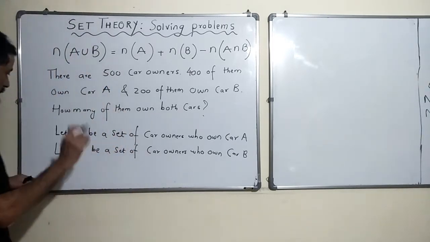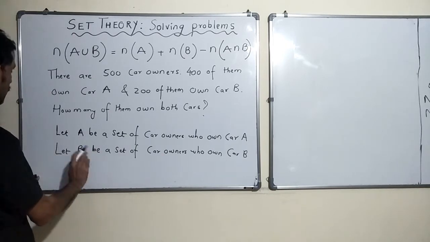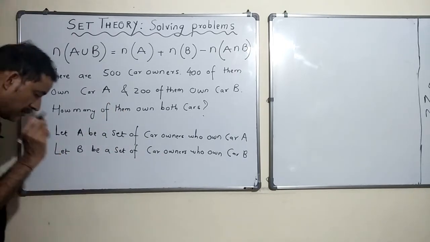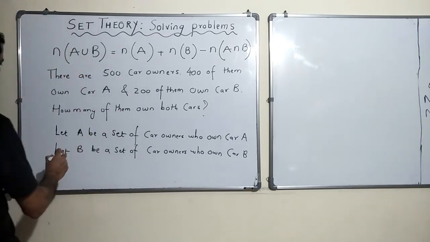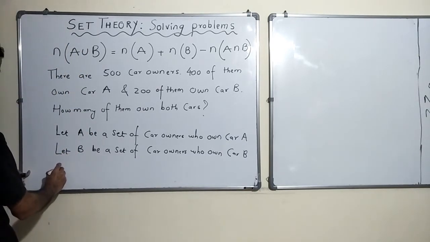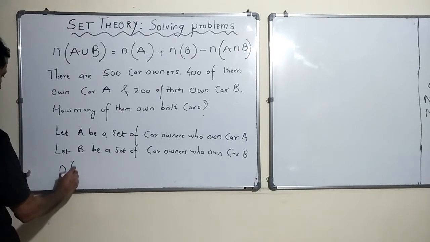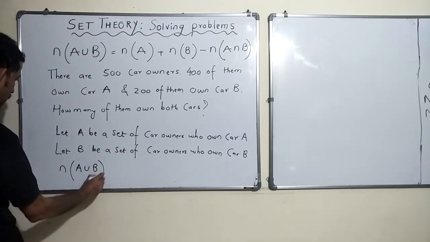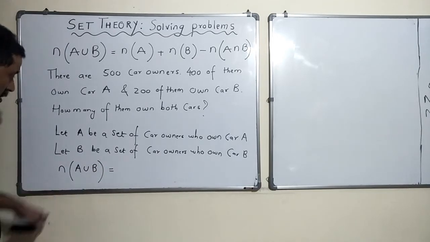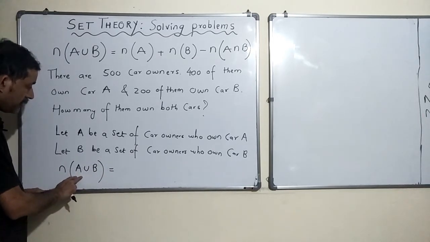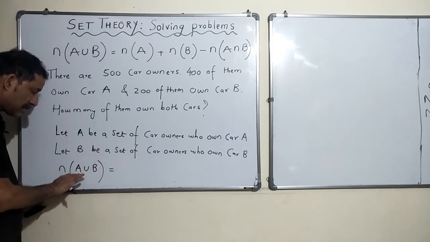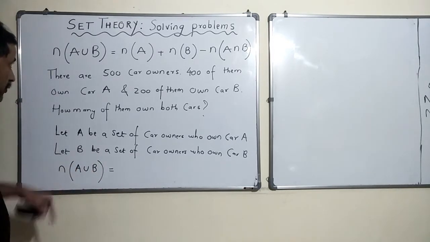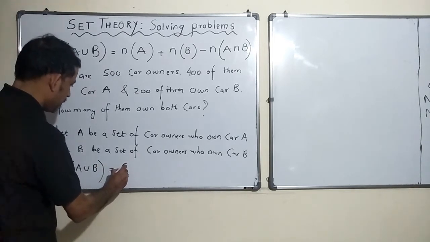As per the definition, the number of people who own either car A or B or both would be 500, correct?